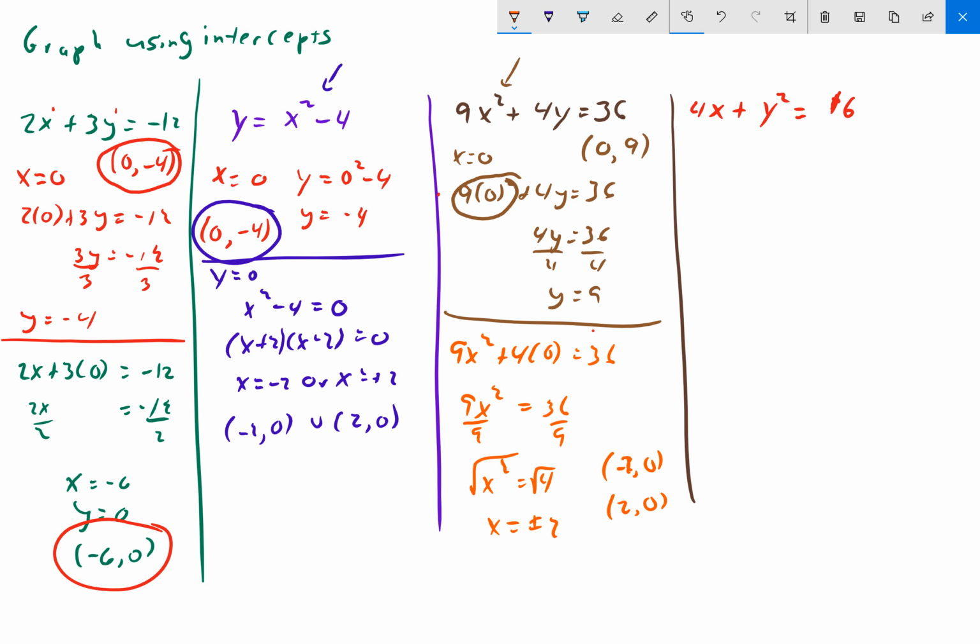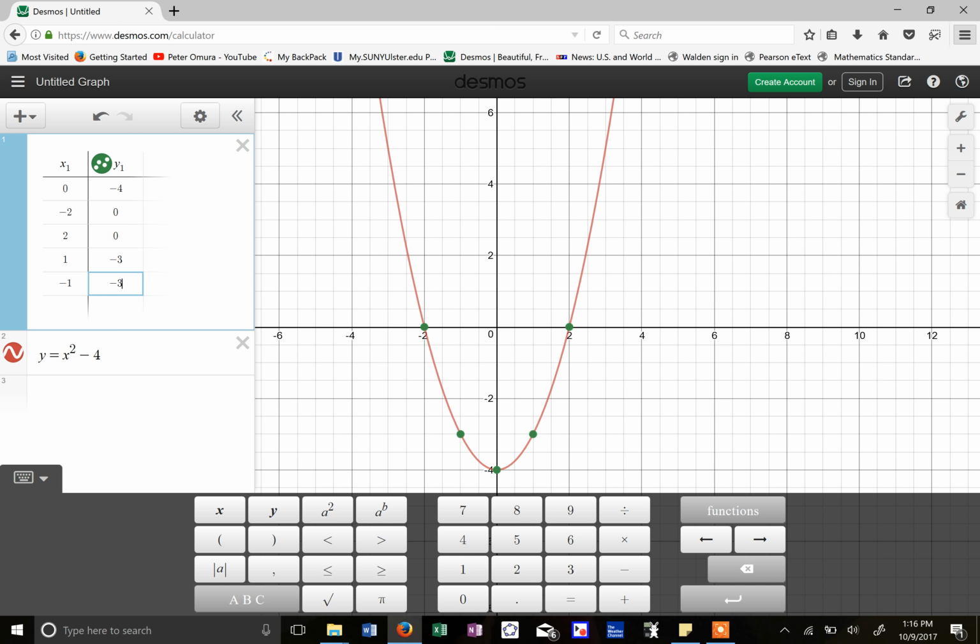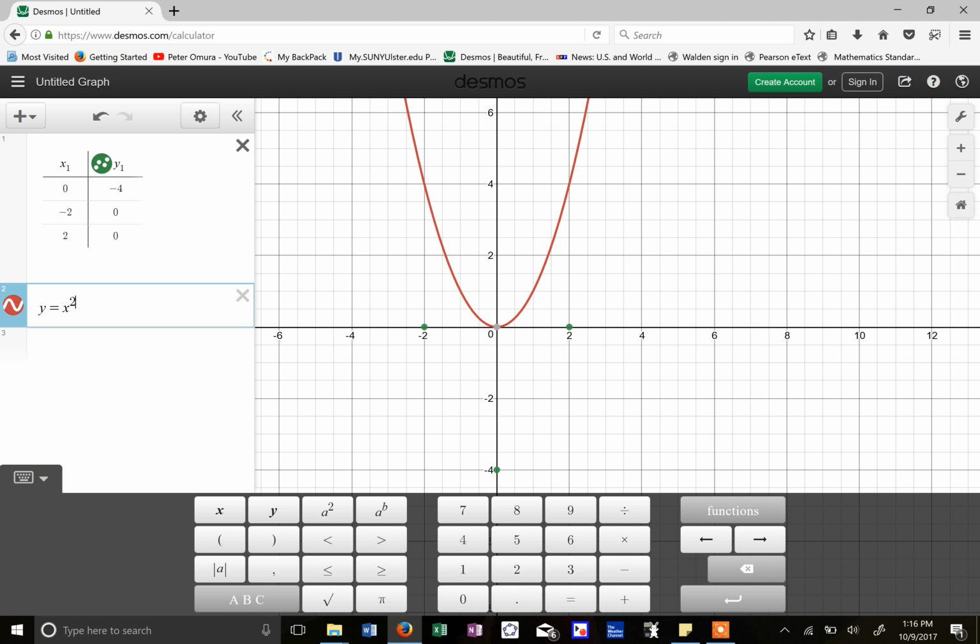And let's see, 9x squared plus 4y equals 36. So now, once again, I'm going to go back and get rid of a couple of these. Oops, didn't mean to get rid of that one because that one ended up staying. Oh, goodness me, I guess I should have planned ahead.